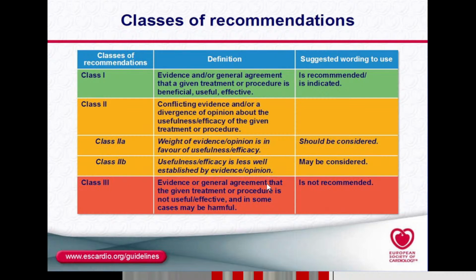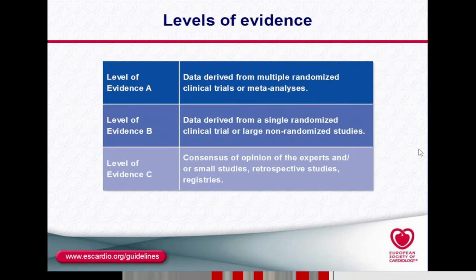Class 2B, when the usefulness and efficacy is less well established by evidence opinion, but it may be considered. And at last, class of recommendation 3, when the evidence or general agreement is that the given treatment or procedure is not useful, effective, and in some cases may be harmful. It is not recommended.